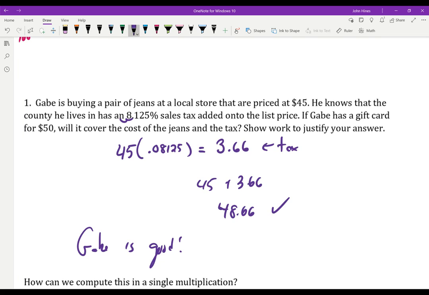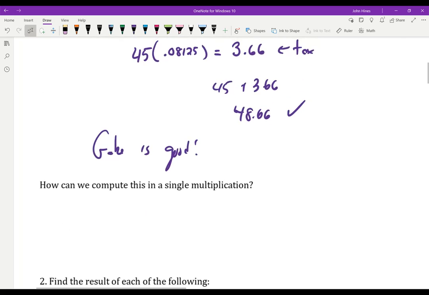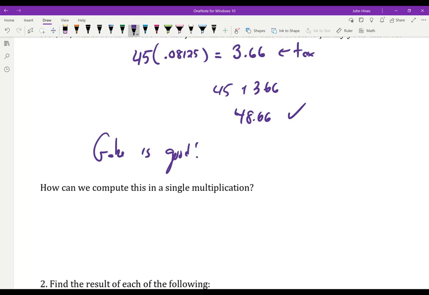So how do you do this quickly and in one step? So in one step, here's what we do. We do 45 plus the tax. So I'm going to write this. This expression here represents the tax.